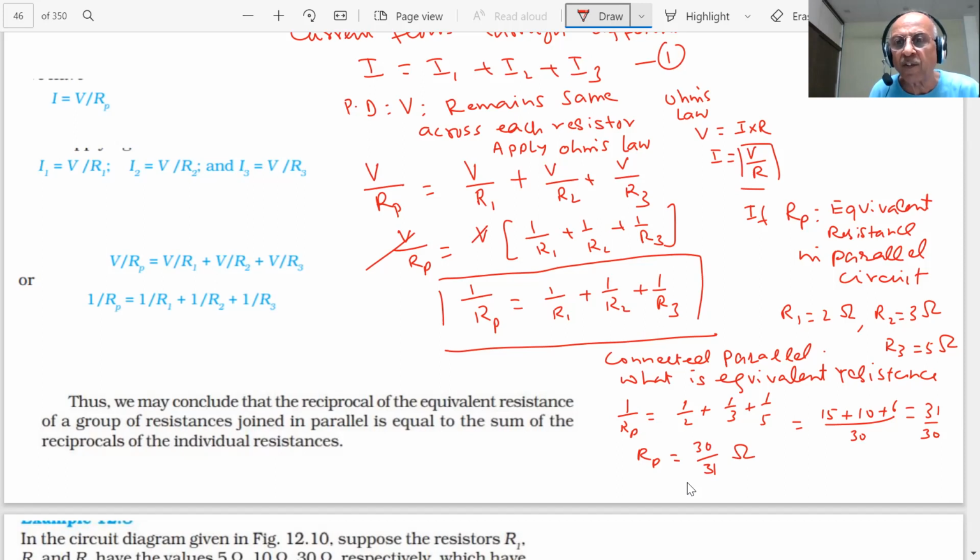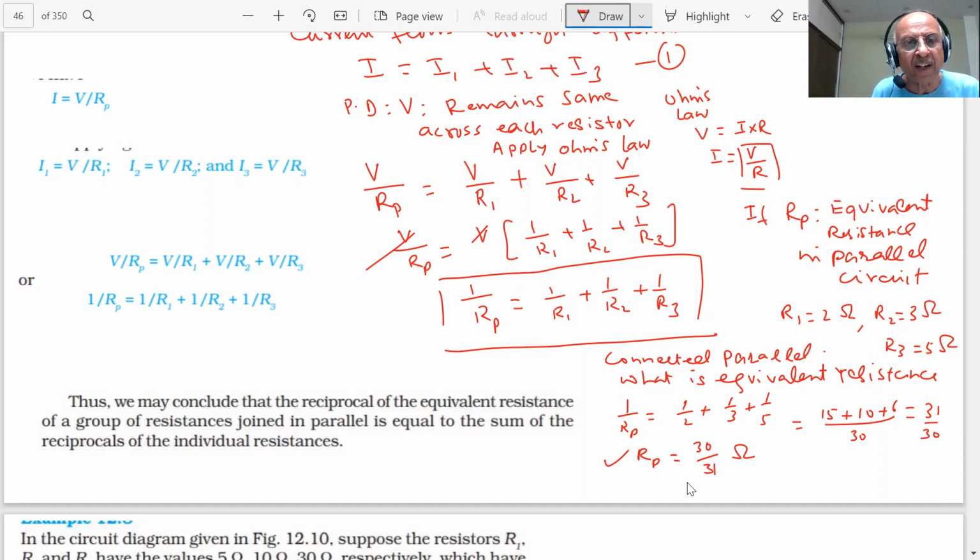Clear? So see, these were connected and the effective resistance has become less. Effective resistance is less than each of these. So when we connect them in a parallel combination, the resistance decreases. We can calculate the value of effective resistance by using this formula. Is it clear? Any doubt? No, sir.